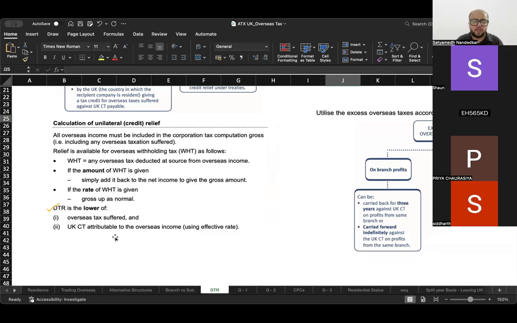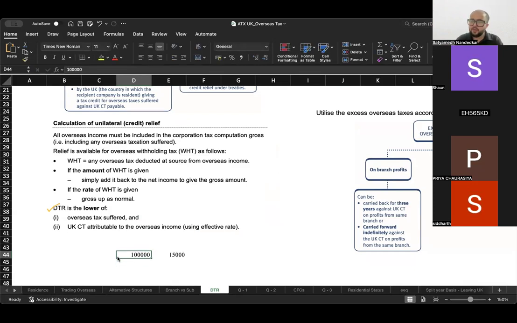So say for example, I'm not a small company. I don't have small profits. I'm in the 25% slab and I earn a profit of 1 lakh pounds in Italy. So there I will pay tax. Say for example, the tax rate in Italy on this 1 lakh is 15%.